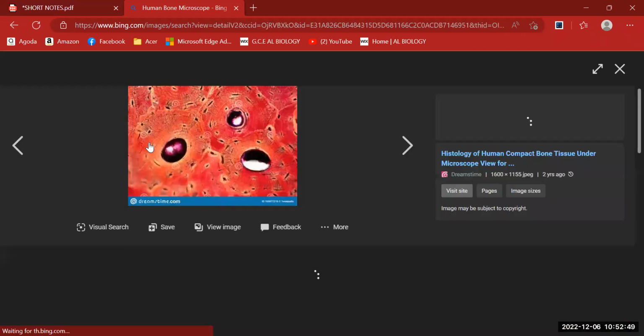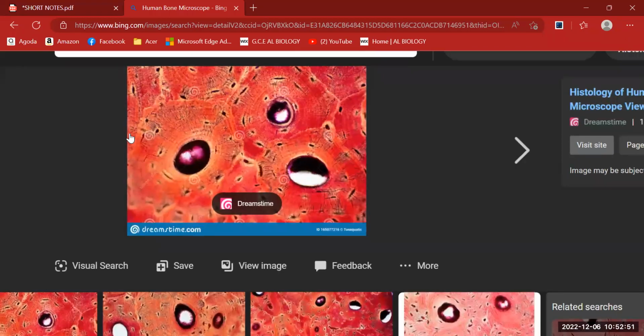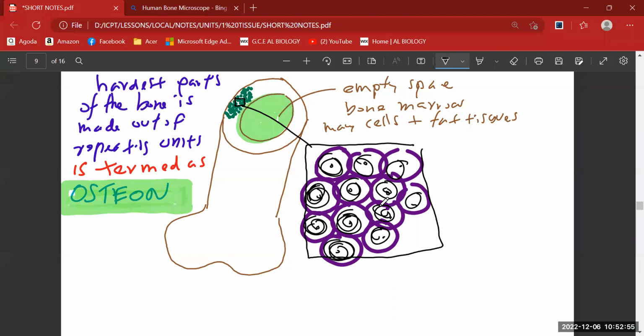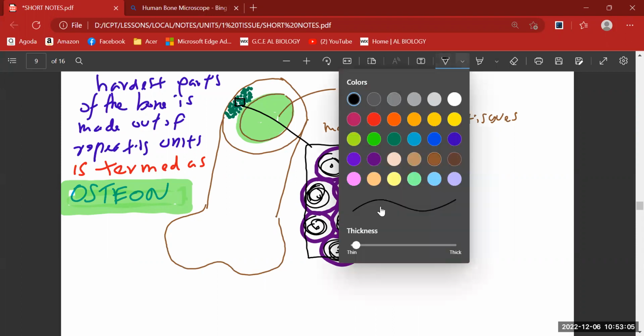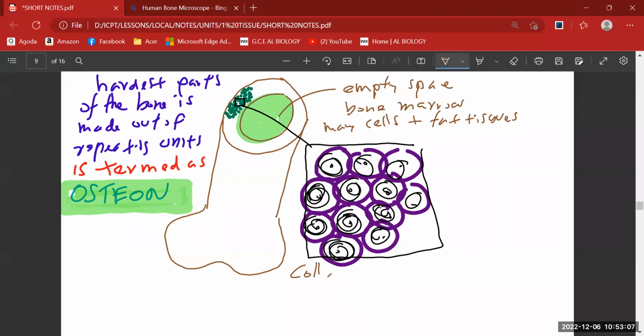Another one like this. The hardest part of the bone is made out of repeating units termed osteons. So this is the appearance of osteons, a collection of osteons in the bone.